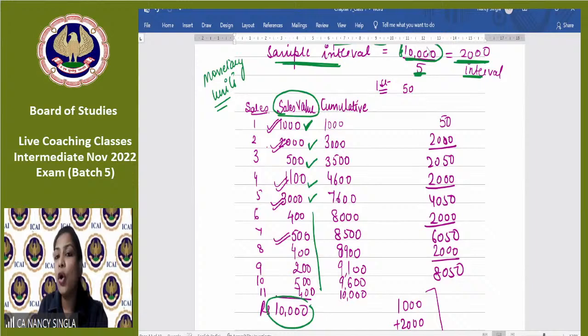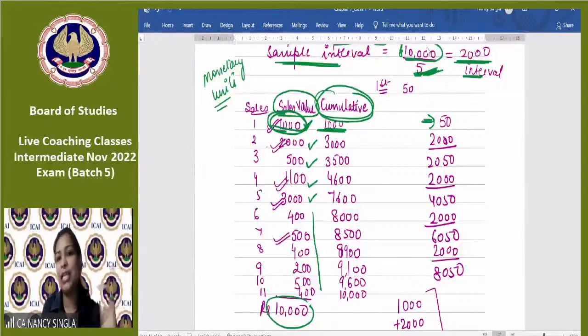Now, the auditor has decided that 5 samples are to be taken and the interval will be every 2,000 items. So let's say he decides the first item to be 50. So 50 will fall here. Here I have calculated the cumulative sales value. The 50th will fall here, so he will take this as one of the samples.